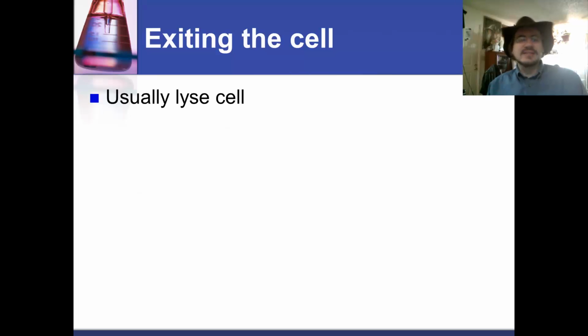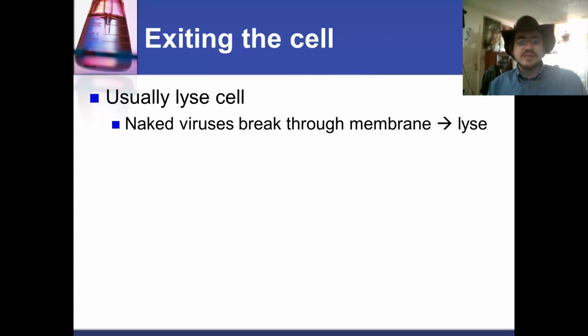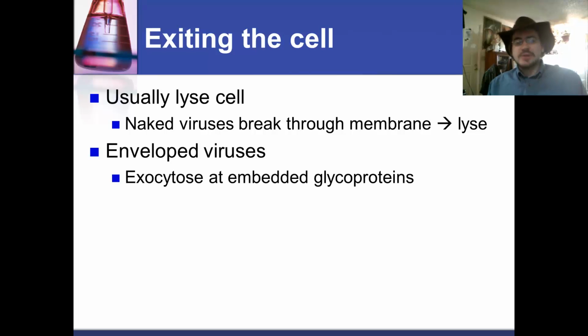So when they exit the cell, they usually lyse the cell. They usually break that membrane to pieces. Naked viruses will break through the membrane in order to lyse it. They leave giant holes in the membrane where they bust it out. Enveloped viruses, they exocytose. In other words, they break out at the part of the membrane that has embedded glycoproteins. And they take that piece of envelope with them, which generally lyses the cell because they're stealing the cell's membrane.